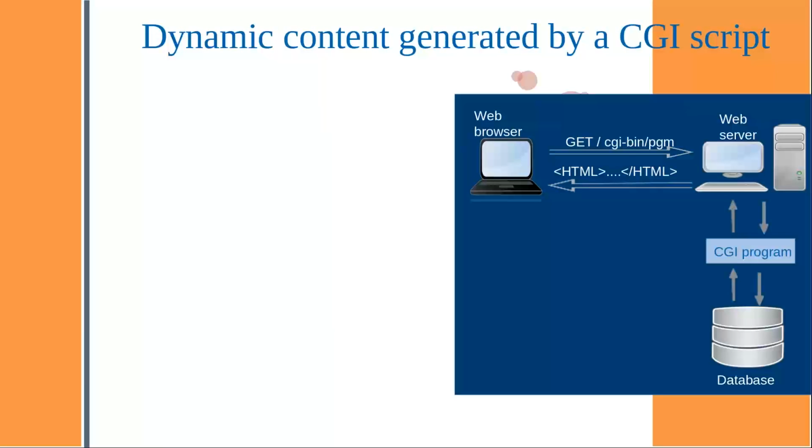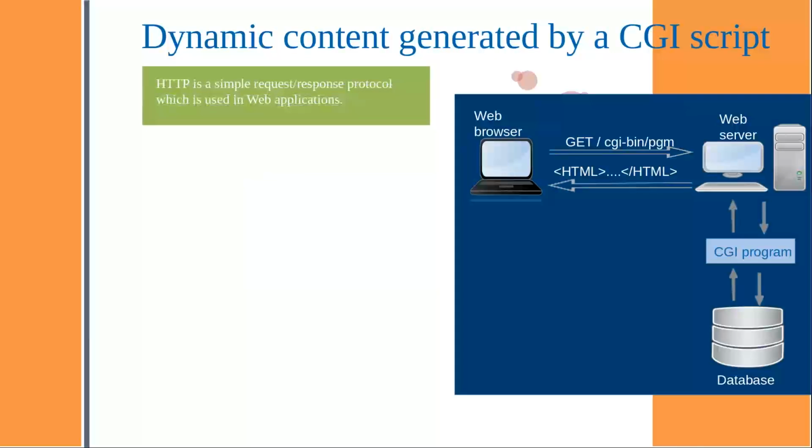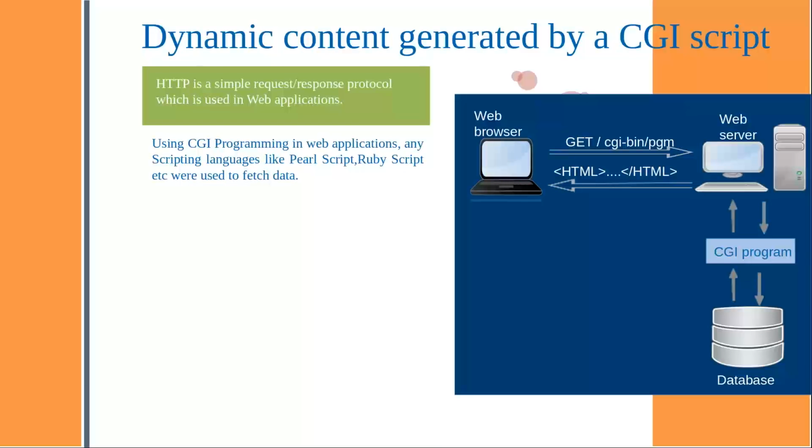Now, next we'll come to dynamic content generated by a CGI script. Here, HTTP is a simple request response protocol which is used in web applications. So from the web browser, the request goes to the server using the CGI bin program, and then, just look at the diagram, using the CGI programming, data is retrieved from the database.